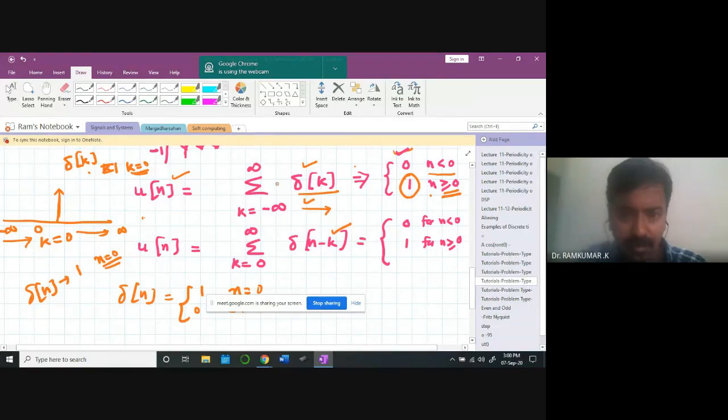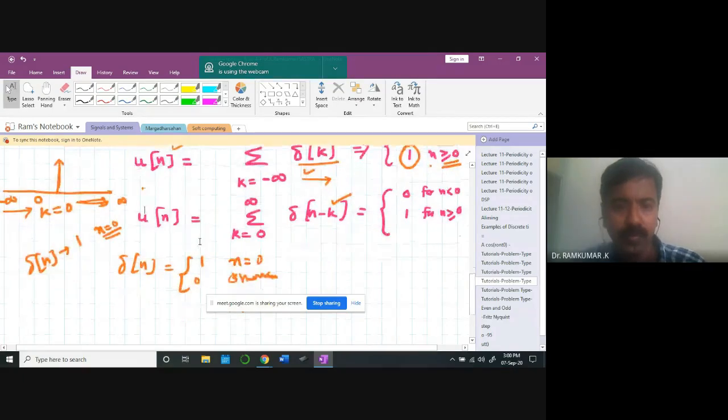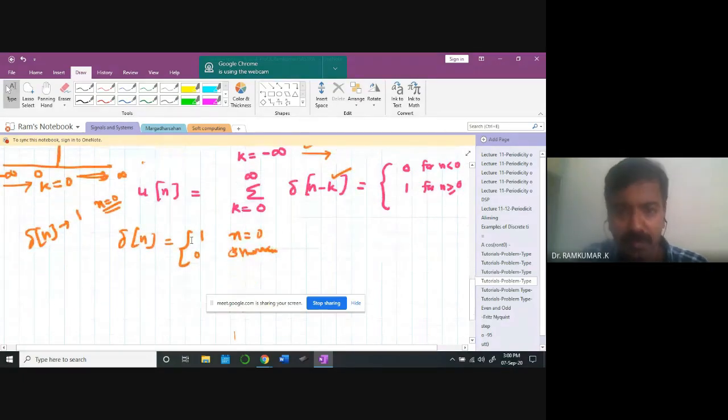Understand this? This signal's summation value will always be equal to 1 for n greater than or equal to 0. In the sense from k equal to 0 to infinity, the summation value will always be equal to 1. You take any value of n, it's going to be equal to 1. Maybe you can understand from this expression.